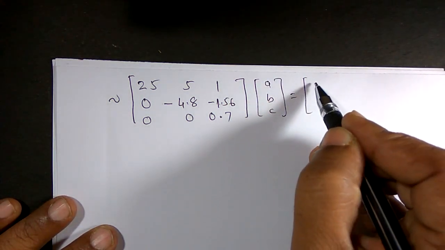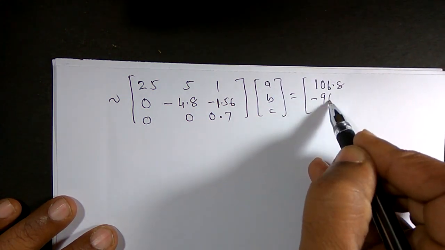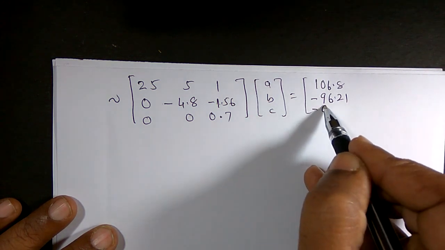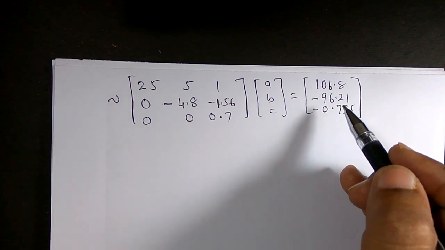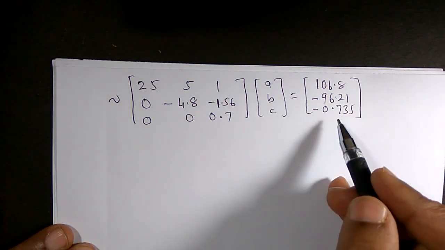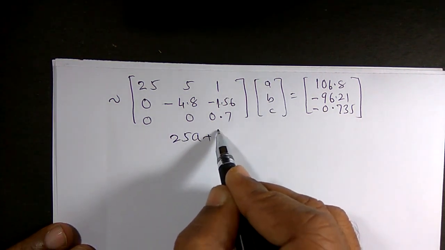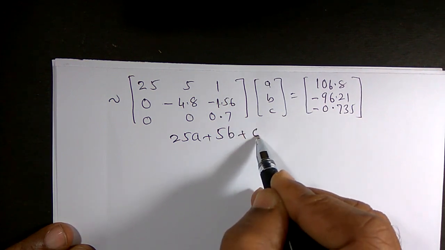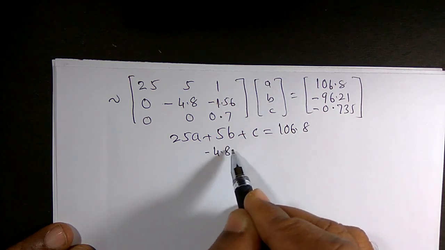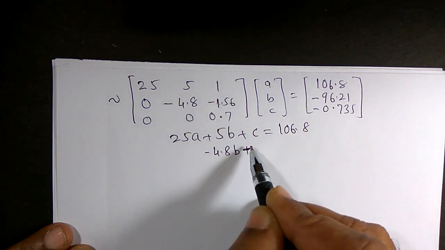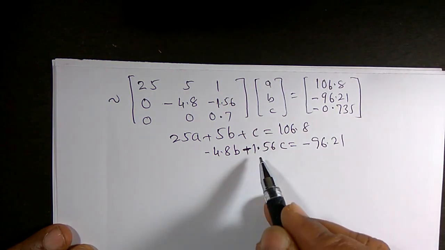Right hand side numbers are first 106.8, minus 96.21, minus 0.735. Now by back substitution I can obtain, once again you can write it in the form of equations. So like this, 25a plus 5b plus c is equal to 106.8, minus 4.8b plus minus 1.56c is equal to minus 96.21.